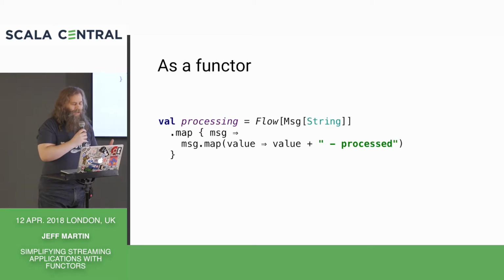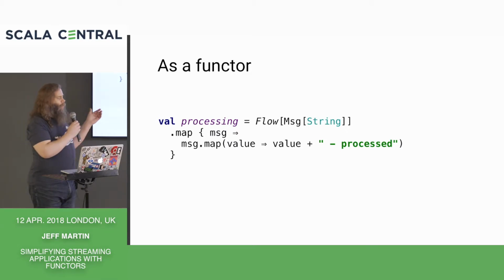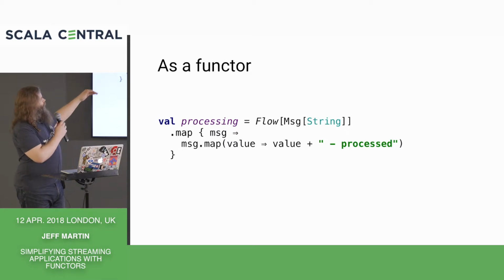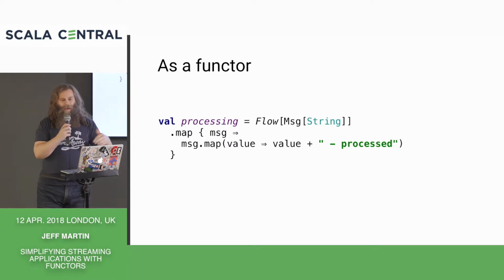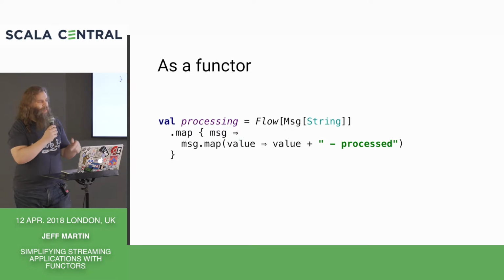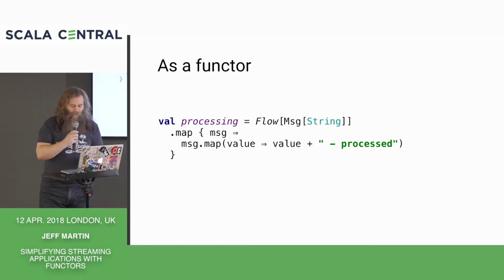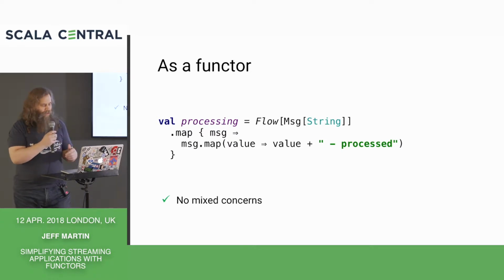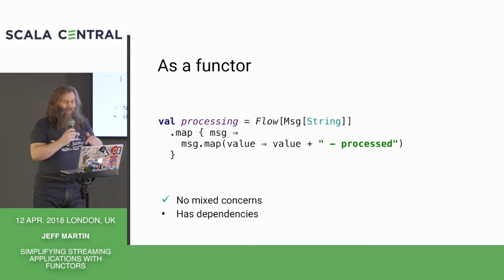If we now look at our flow again, we can see we've got our message of type string coming in, and then we're just mapping the value. So we no longer have access to the metadata. We no longer have access to the offset and the tracking. This is a bit nicer. We don't have the mix of concerns, but we still have the dependencies.